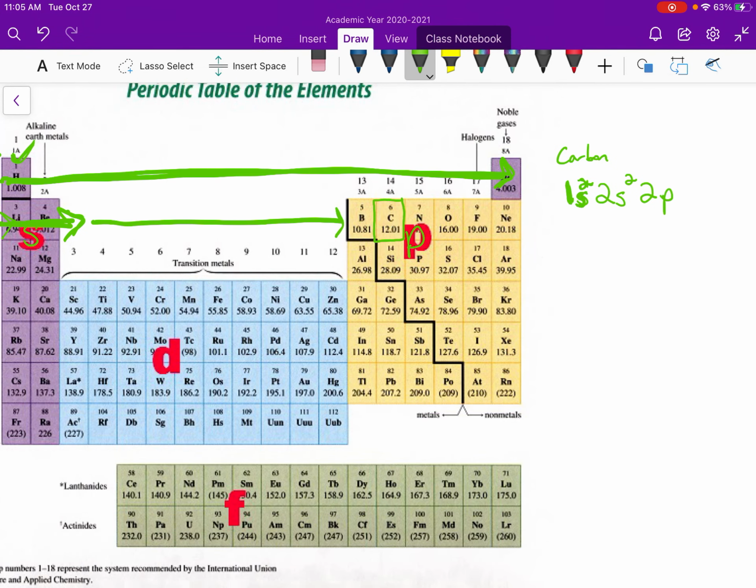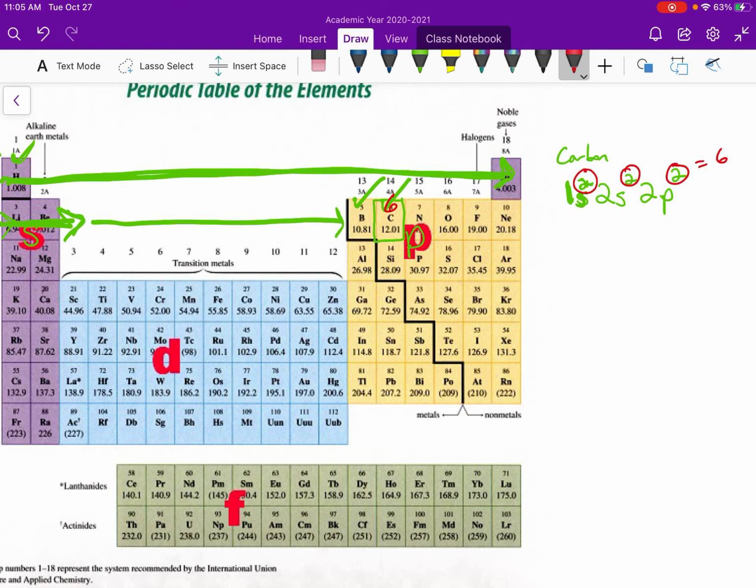So I'm hitting the P. And how many boxes did I go in? I went 1, 2. So the correct configuration for carbon, I would say, is 1s2, 2s2, 2p2. How can I double check? Count exponents. Equals 6, element number 6, we are good.